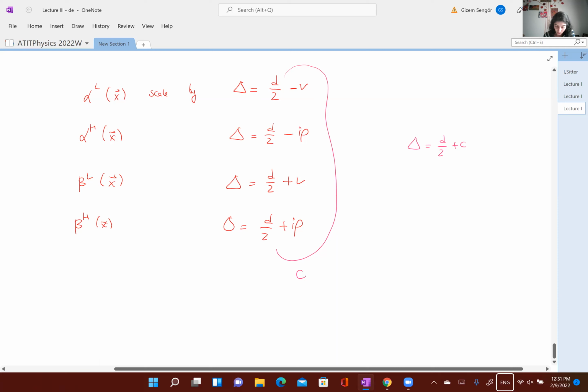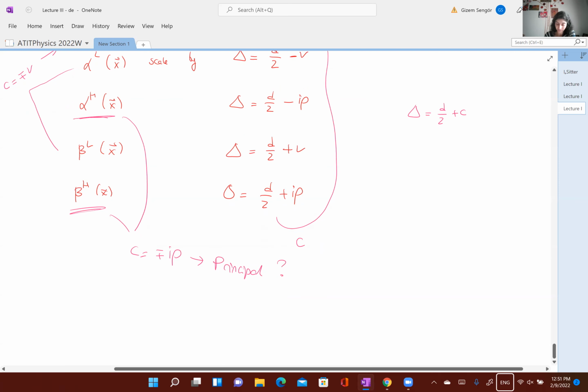So the light ones correspond to C, d over 2 plus or minus nu. So you expect these to be in the complementary series, whereas the heavy ones correspond to C, d over 2 plus or minus i rho. So you expect these to be in the principal series. But let's put question marks, okay?